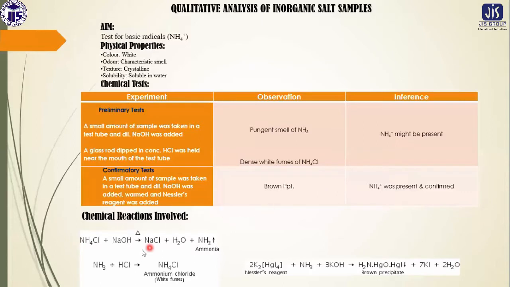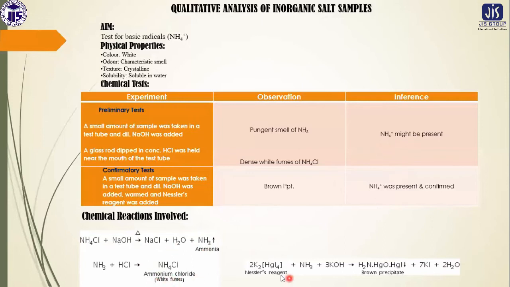After that, you can also write down some chemical reactions. First of all, ammonium chloride plus NaOH gives NaCl, and ammonia is evolving. That's why a pungent smell is coming. For the next part, after dipping the rod in concentrated HCl, ammonium chloride will be formed. That is the dense white fume.